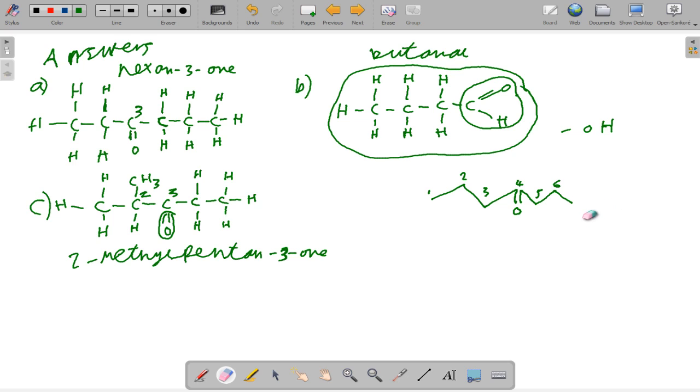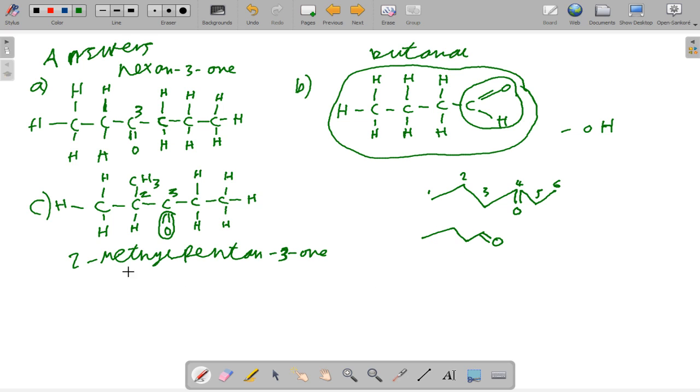It's easy to draw one too many carbons than you need, so using that method may help you when drawing skeletal formulae. For butanal, you go 1, 2, 3, 4, and then you have the double bond O here.